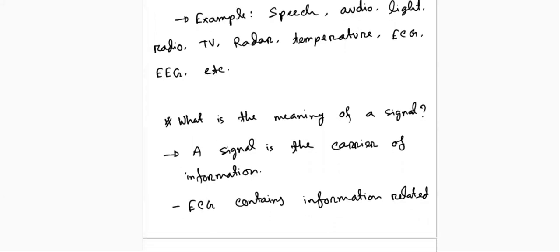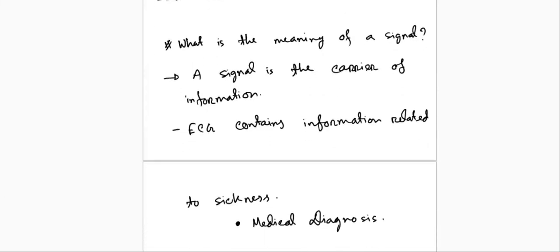What is the meaning of a signal? A signal is the carrier of information. Here, this term is very important, which is information. If we don't have any information in the signal, that is known as noise.